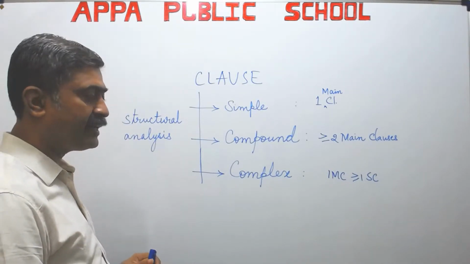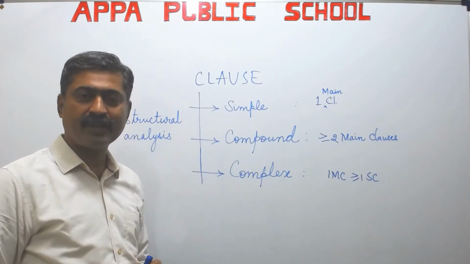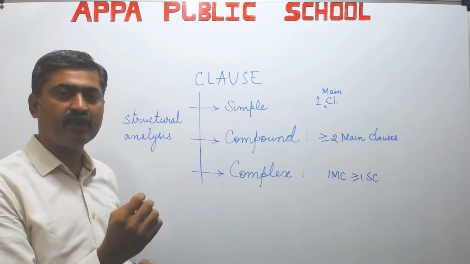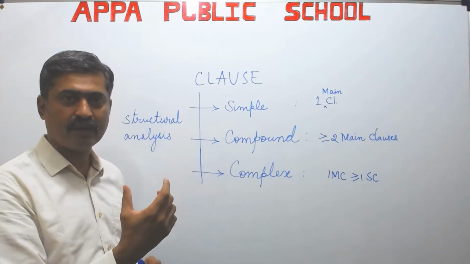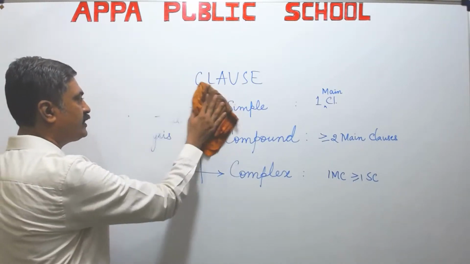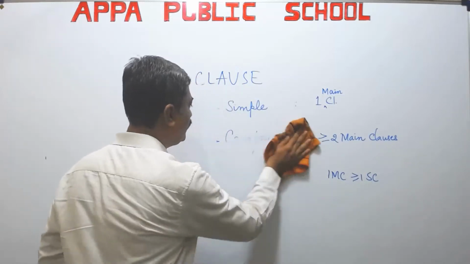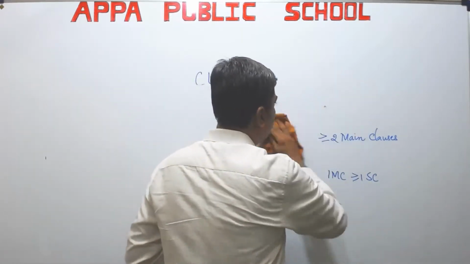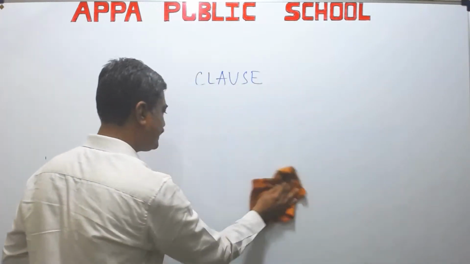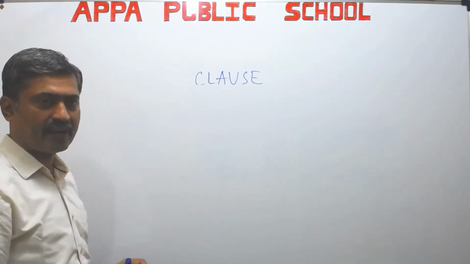We also said that a finite verb is a must, because every finite verb makes one clause. So let's just have a look at what those finite verbs are. And when we check with the finite verbs, we also have to see the counterpart of that. The counterpart are the non-finites.